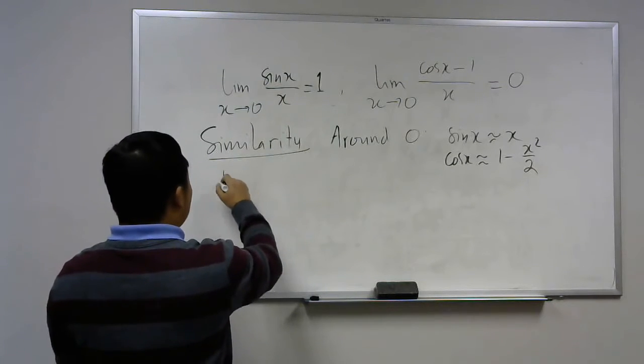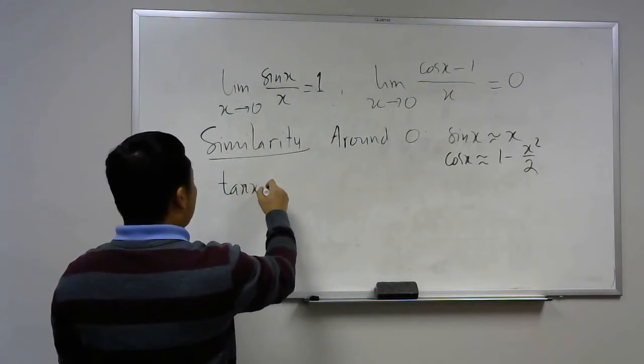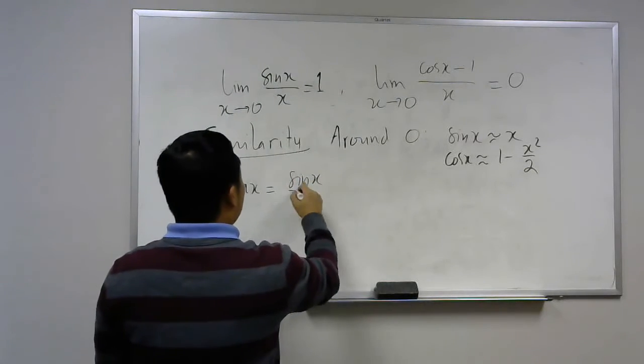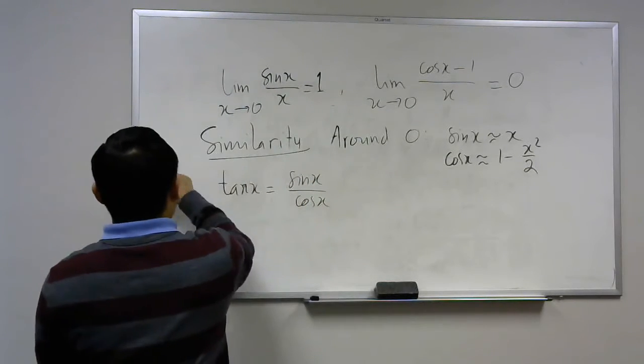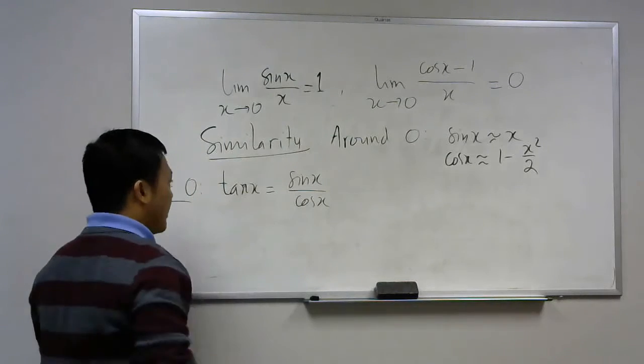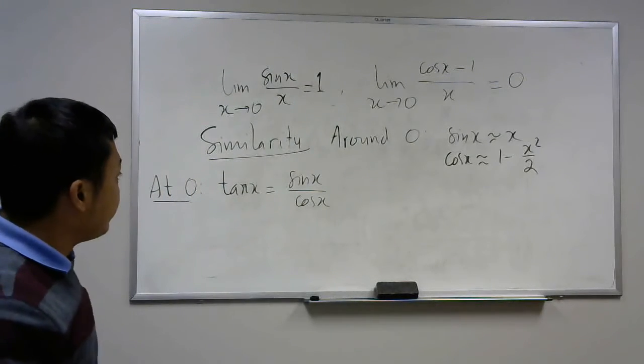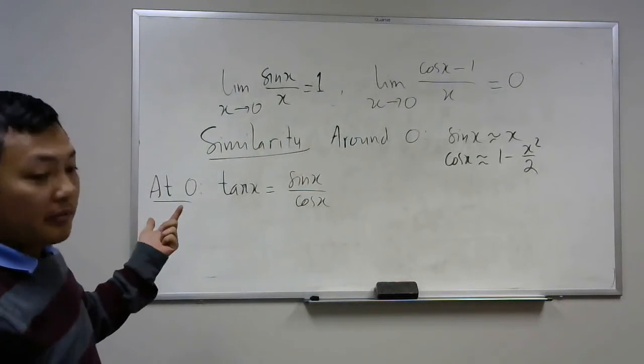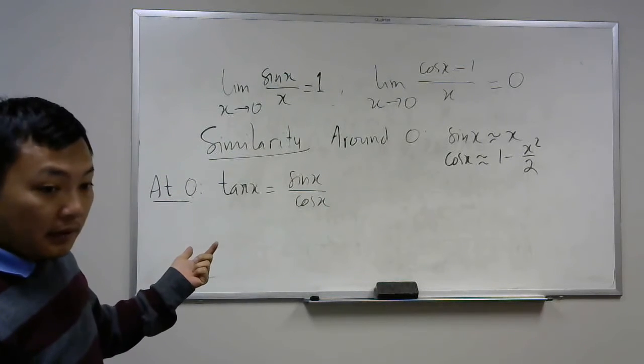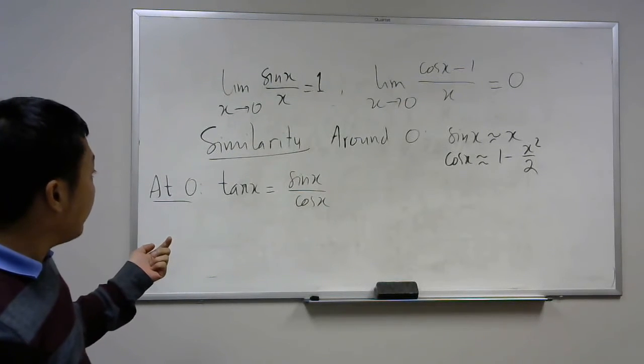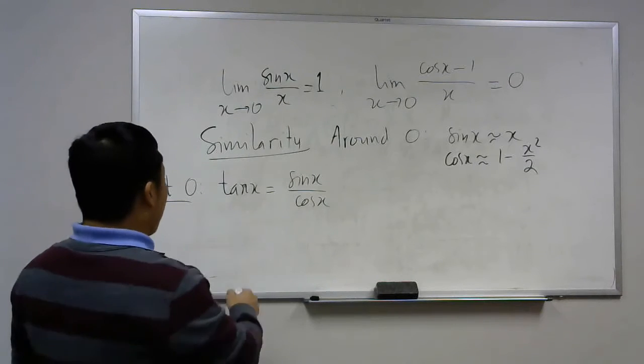Let's say tangent of x, that is sine of x over cosine of x. Okay? So if we consider the limit of tangent at 0, I have the following one.